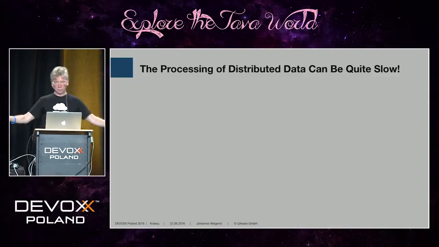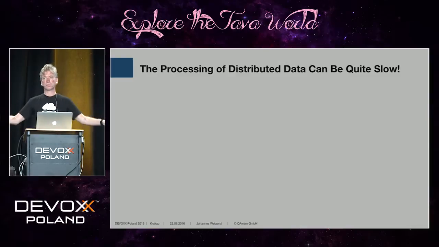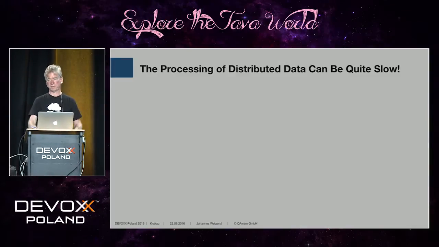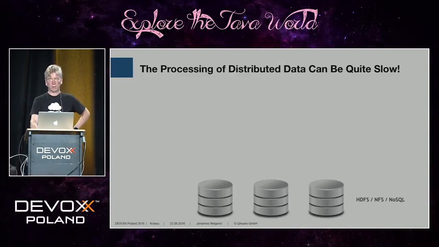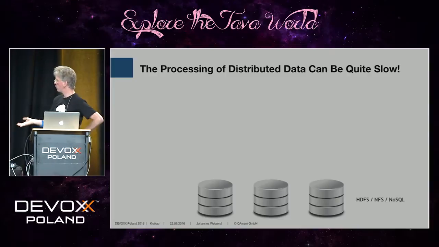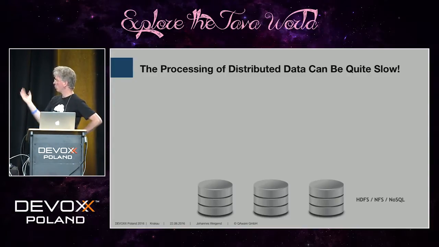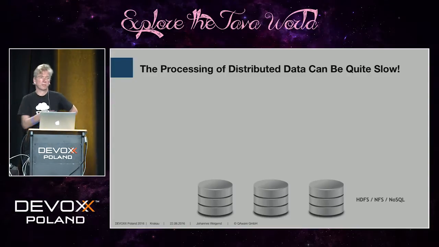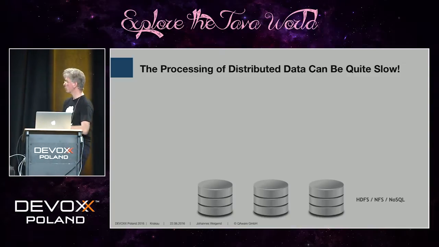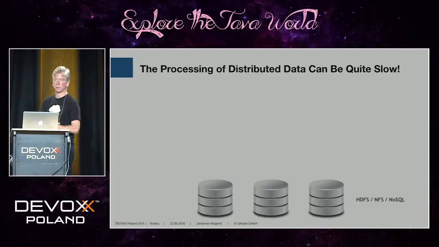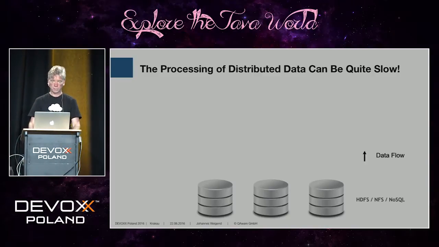Every big data technology focuses on distributed storage and distributed processing today. And we have, for example, HDFS, the Hadoop Distributed File System, or any NoSQL database like Cassandra. And storing data in a distributed way is easy. It works out of the box.